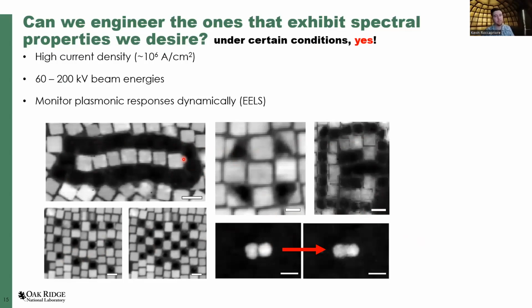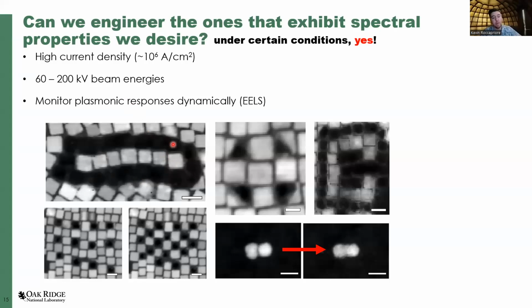All of this was just done by bumping up the accelerating voltage and the current, maybe by an order of magnitude, and the voltage from, I think, 60 to 100 or maybe 200. All of this still happens even at the regular operating conditions when we collect a traditional spectrum image in an EELS mode.